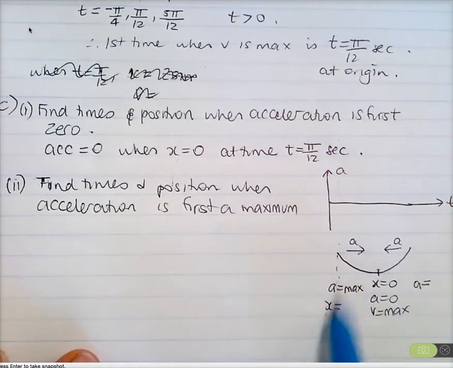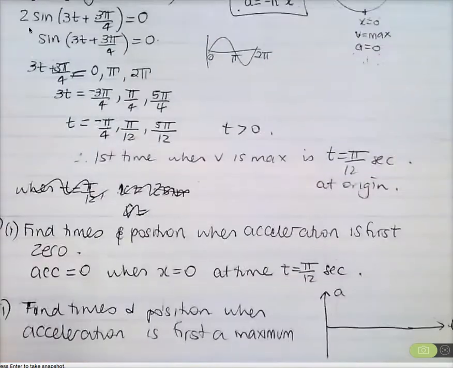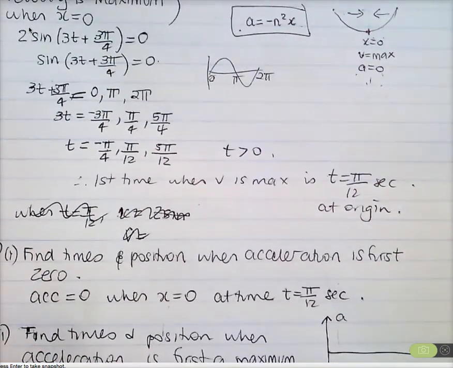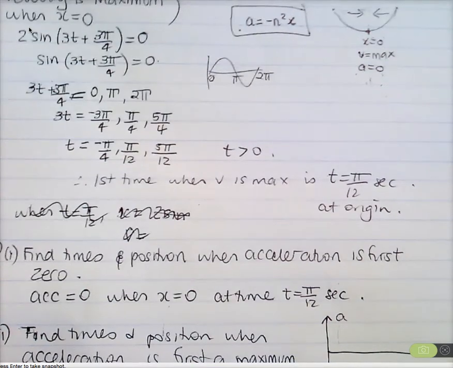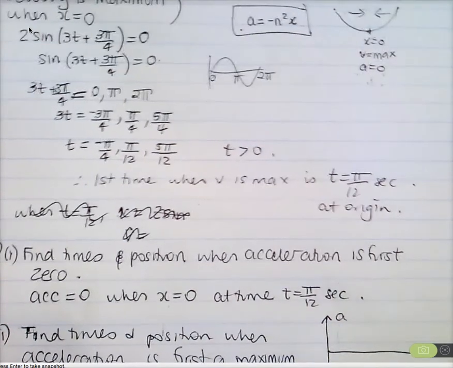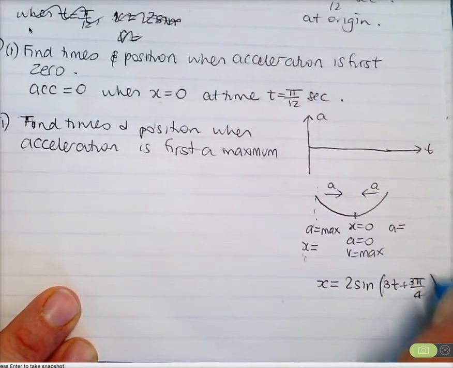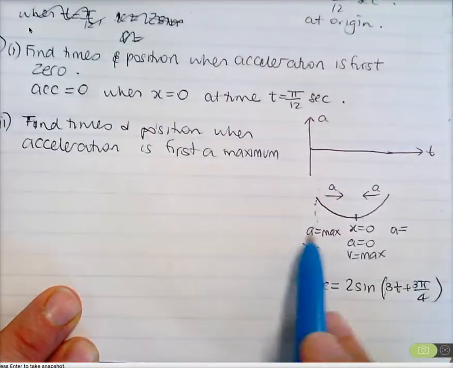That's the negative, yeah, max, but what is the equation for x? X equals 2 sine 3t plus 3 pi on 4. So tell me what this value here is. X is what?